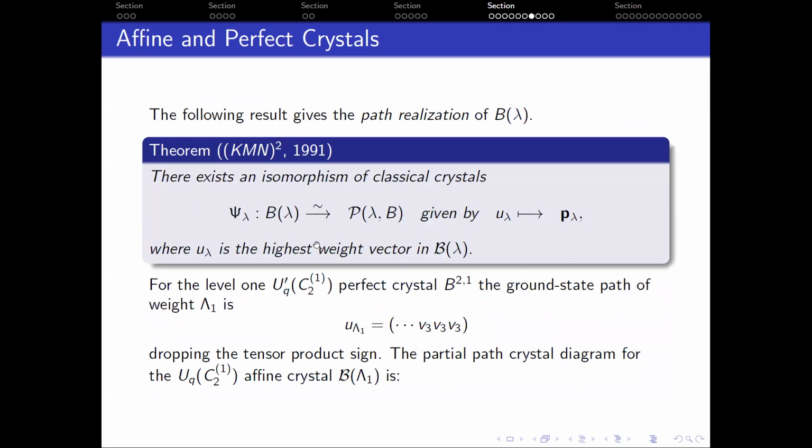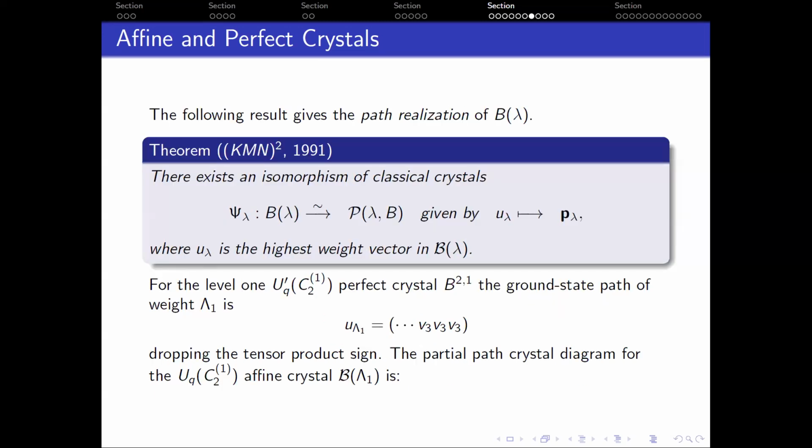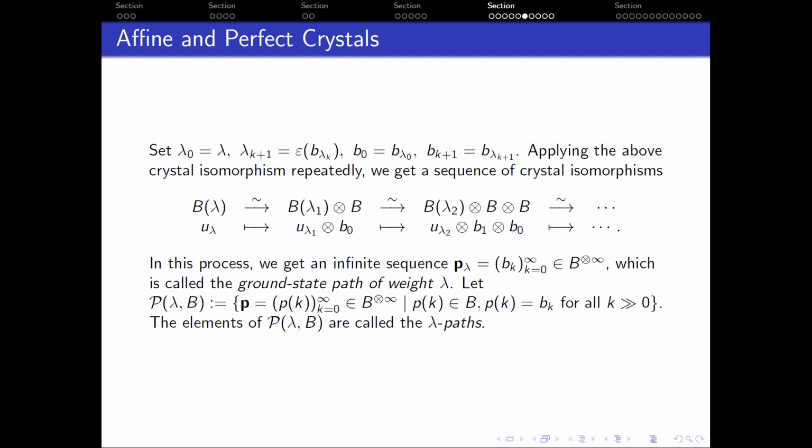In this path realization, we defined what is called P lambda, little p lambda, to be a certain path, which we call the ground state path, and it has weight lambda. We of course know the formula for computing the weight of any path.